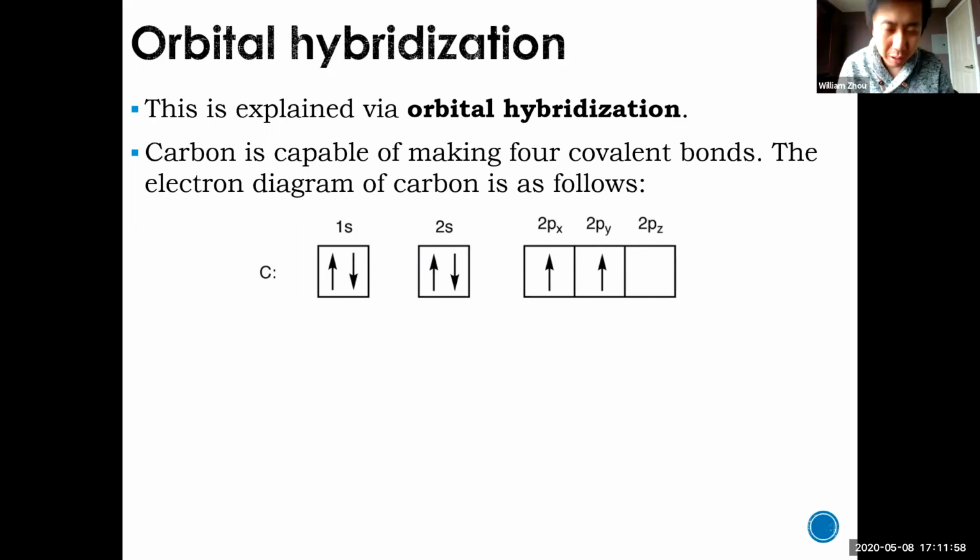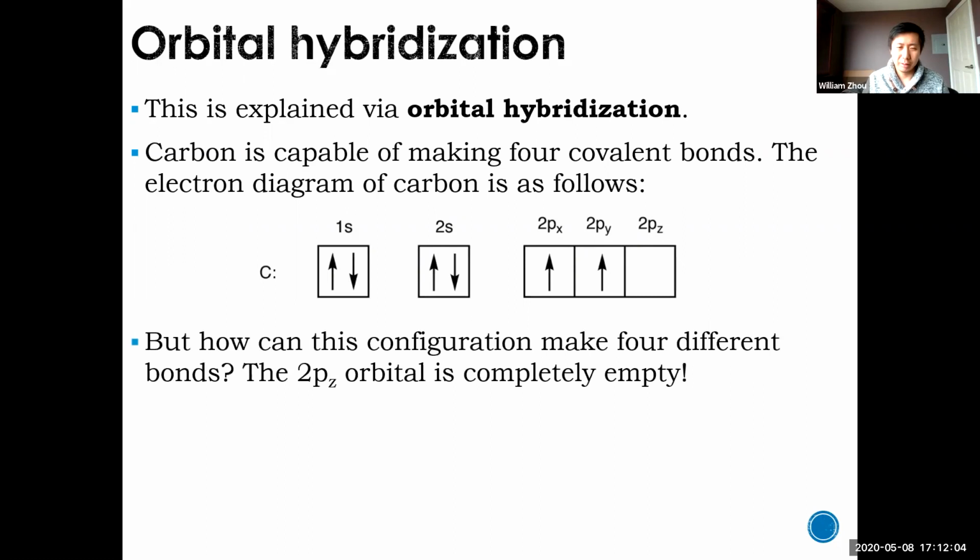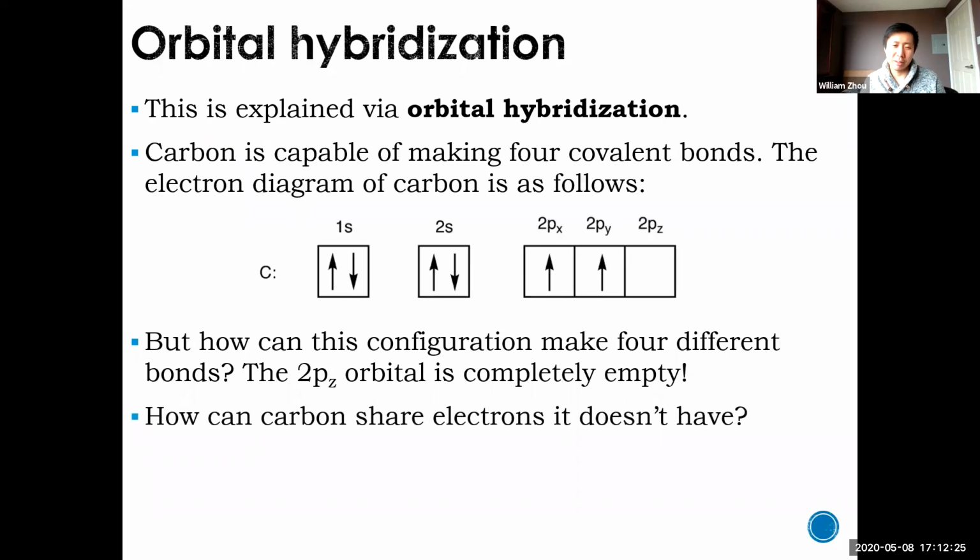In the p orbitals, the 2pz is completely empty. How can carbon make 4 bonds with an empty 2p orbital? The 2px and the 2py, sure, they can find another electron, but are you just going to take 2 electrons from some poor atom just to fill your 2pz? How would that work, right? How can carbon share electrons it doesn't have?